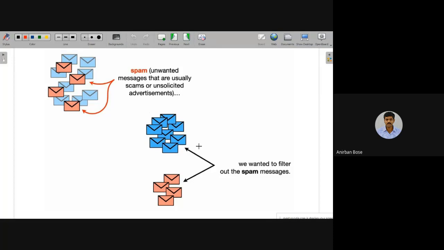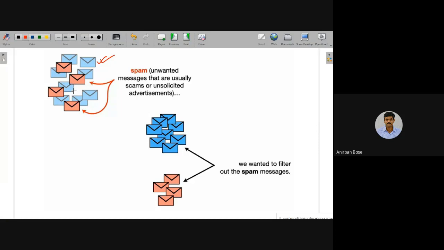Let us take one example. Suppose in your emails you will find there are normal emails, and there are some emails which are spam. By spam, what we mean are unwanted messages, usually scams or unsolicited advertisements.